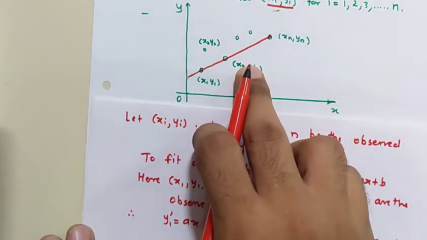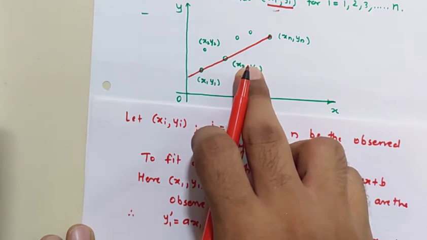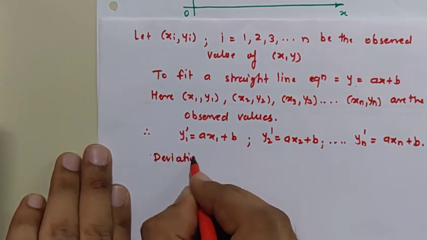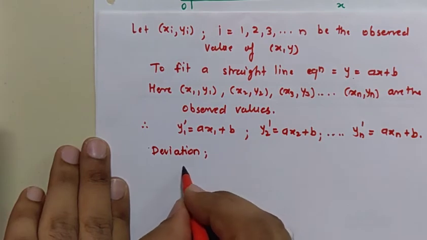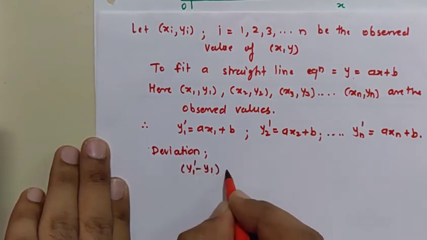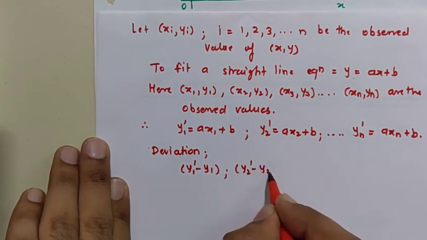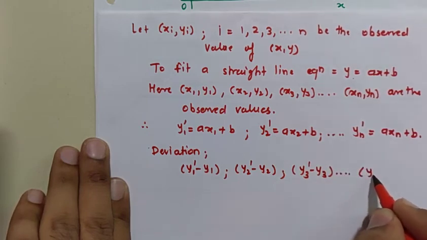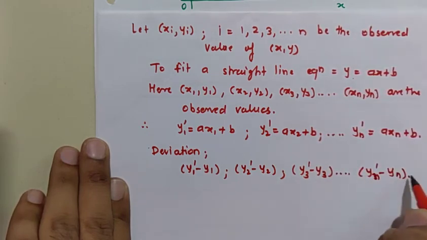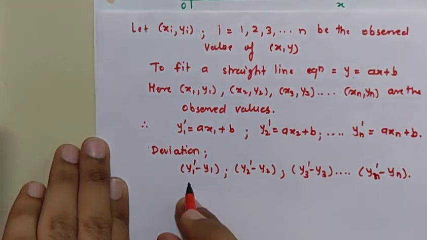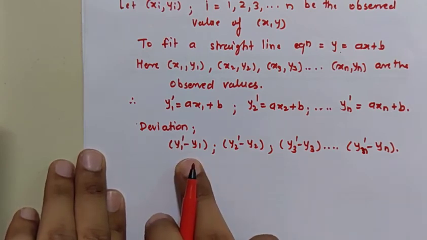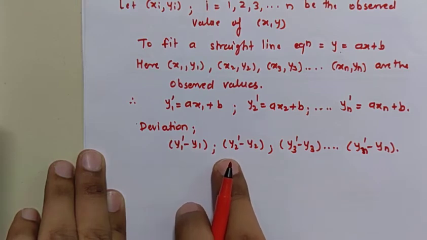If these points are not lying on the line, then the deviations will be y1 dash minus y1, y2 dash minus y2, y3 dash minus y3, up to yn dash minus yn. Now according to the least square criteria, we take the sum of squares of these deviations and we minimize this using the principle of maxima or minima.